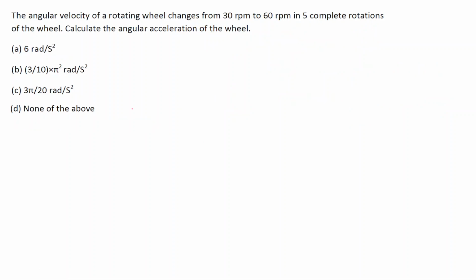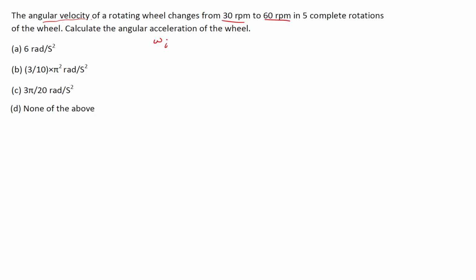The angular velocity of a rotating wheel changes from 30 rpm to 60 rpm in 5 complete rotations of the wheel. Calculate the angular acceleration of the wheel. Okay, so the angular velocity, which we denote by omega, changes from 30 rpm to 60 rpm.